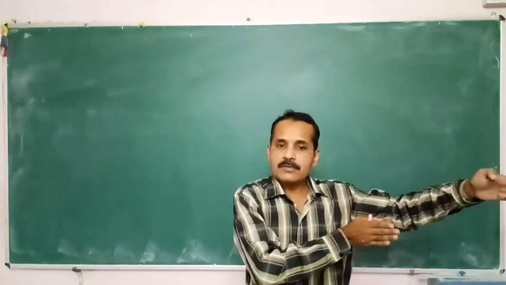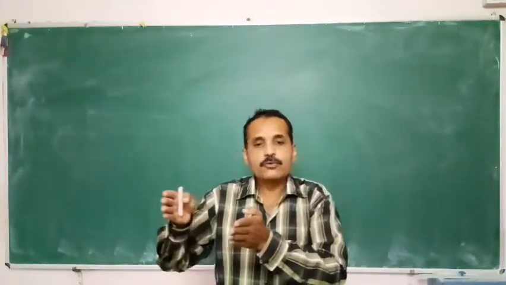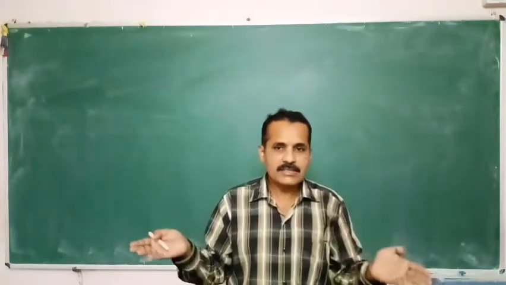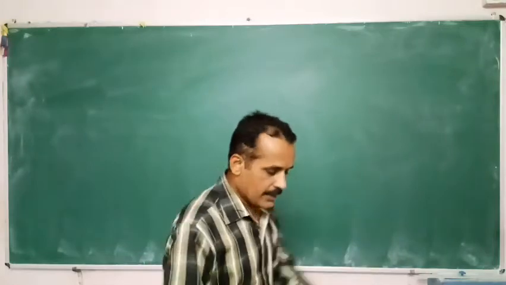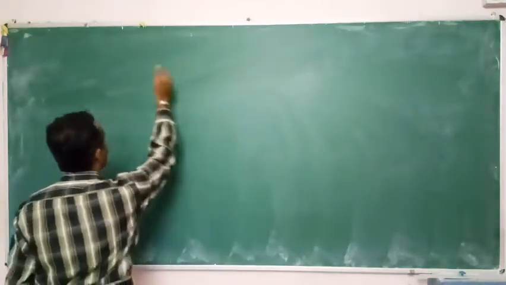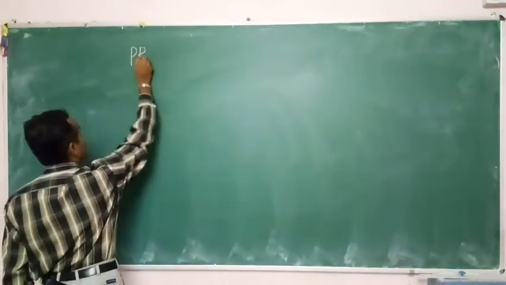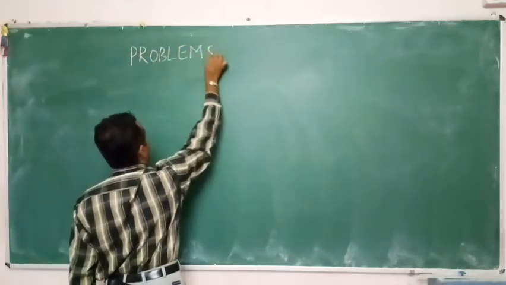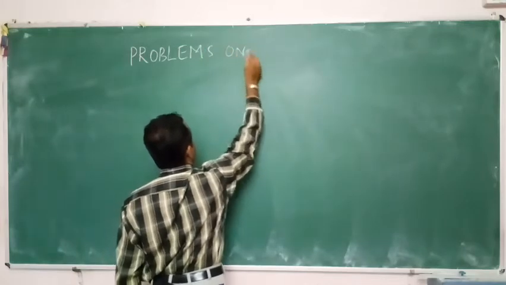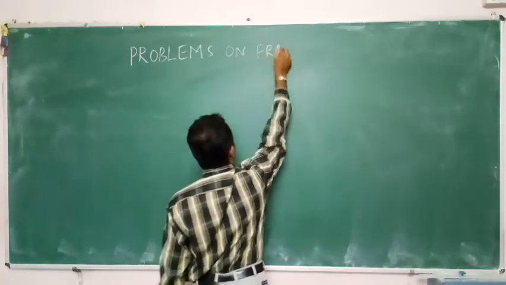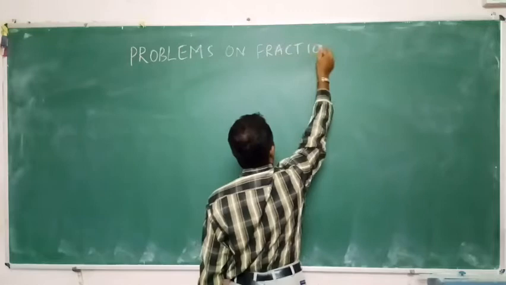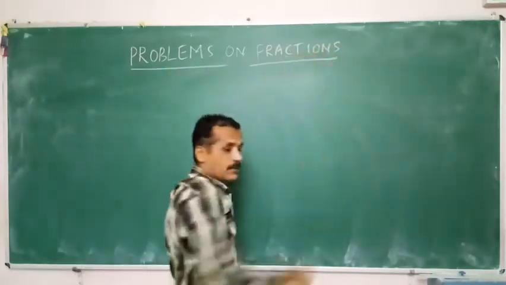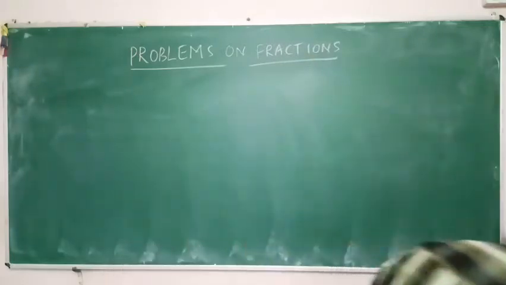Both past conditions may be there, or both future conditions, or one past and one future condition. All these cases we have seen, and today we will solve the problems on fractions. Problems on fractions. Let us take one problem.